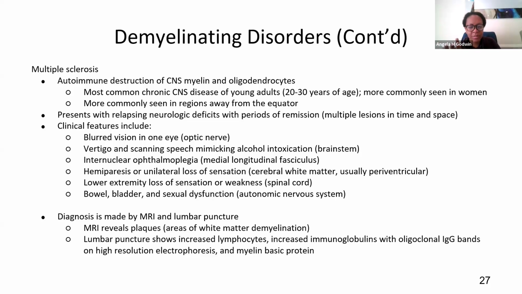So MRI reveals plaques. What you would actually see are areas of white matter demyelination. You could do the lumbar puncture. I'm curious, Loretta, what's your normal method for diagnosing? Typically we do brain MRIs, and it depends on the lesions.